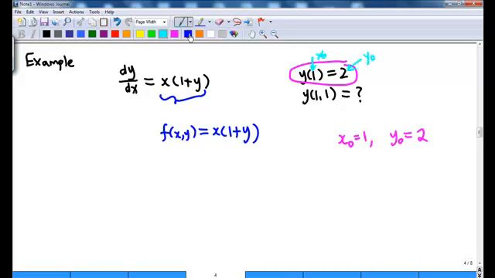Now, x1 we have equal to 1.1. So we are looking for y1, the corresponding value of y. So if I take h equal to 1.1 minus x0, which is 0.1, I'm going to use h equal to 0.1 in my calculation.